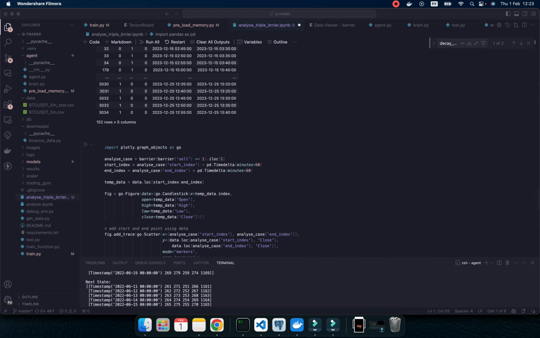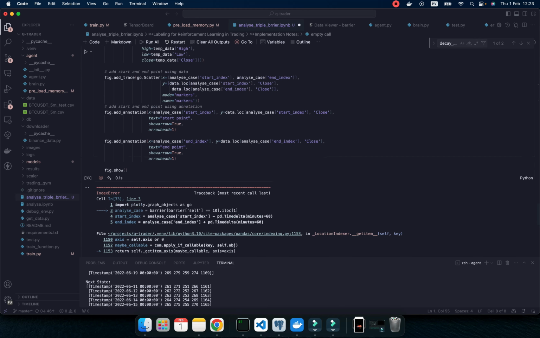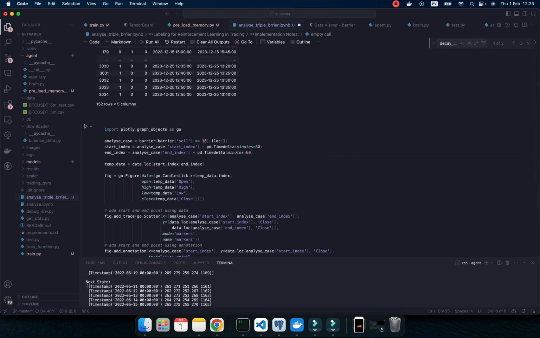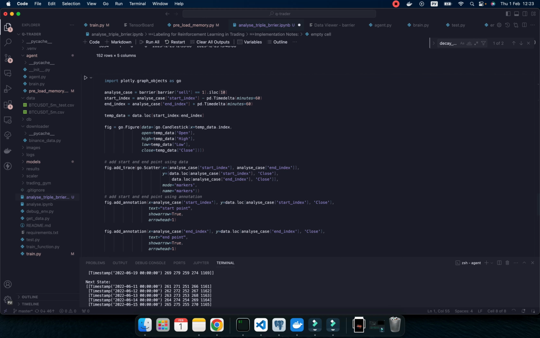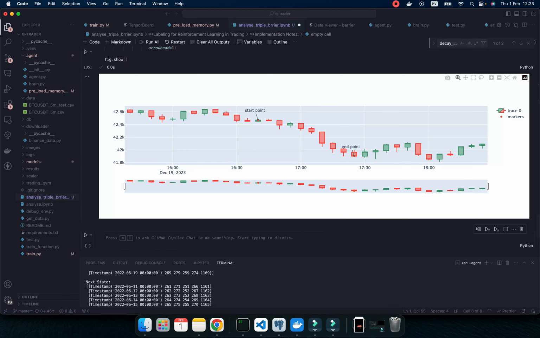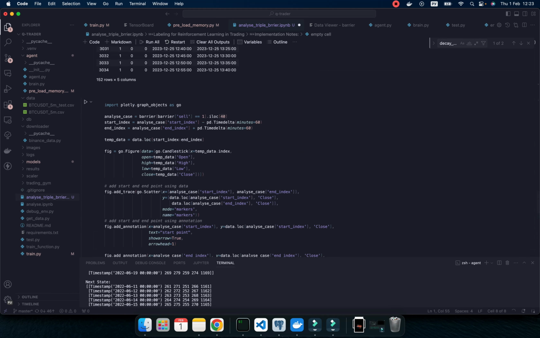Let's look at another situation. For example, I take index number 10. Okay, it doesn't exist, so that's not correct. I mean, I log the index like this. Yeah, so it's working. Sell, that's 40. Okay, it's working.